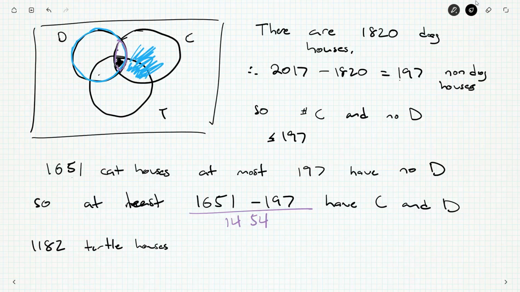Now at most the complete overlap is 1182. We've talked about that, but we want to talk about at least this y. So at least this y, and then we have this total here. So it could be 1454.